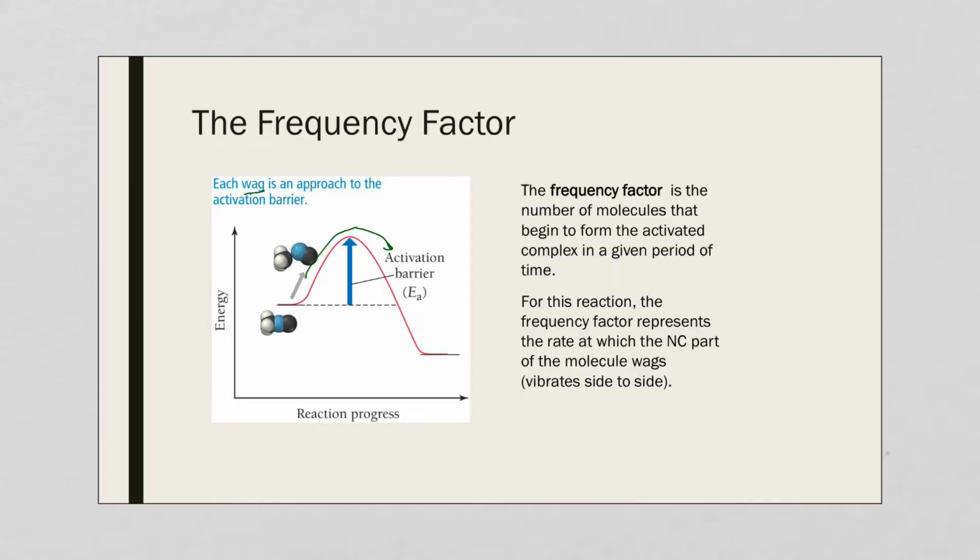Now, the frequency factor is essentially telling me how many attempts, or the number of wags, occur at any given time. So it's the number of molecules that begin to form that activated complex, or the number of molecules that try to undergo this transformation. How many attempts do we make to get over the hill? That's the frequency factor.